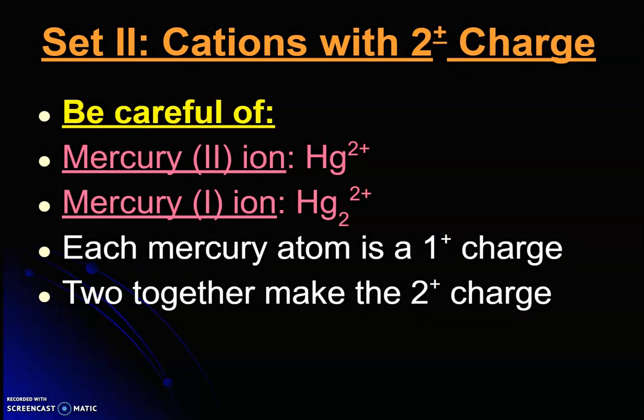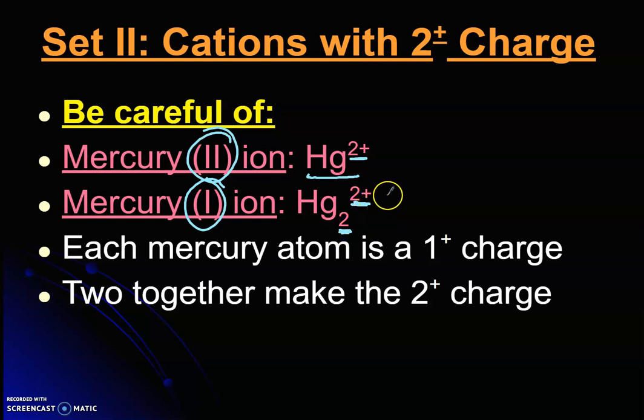And the last thing to be mindful of for these ions is mercury 2 ion and mercury 1 ion. Mercury 2 is Hg 2 plus, but mercury 1 ion is Hg2 2 plus charge.